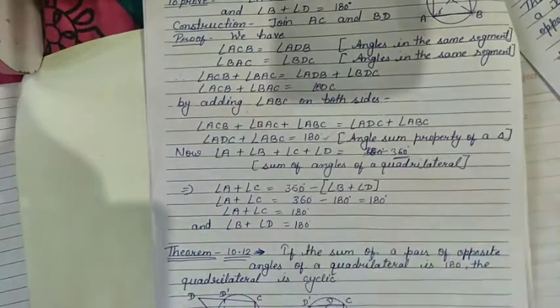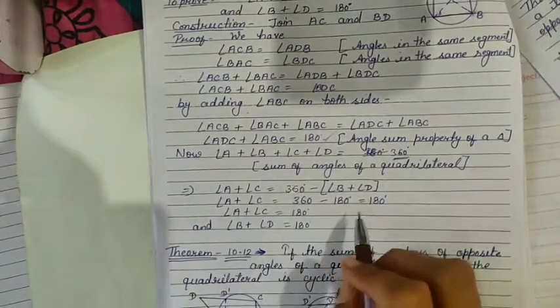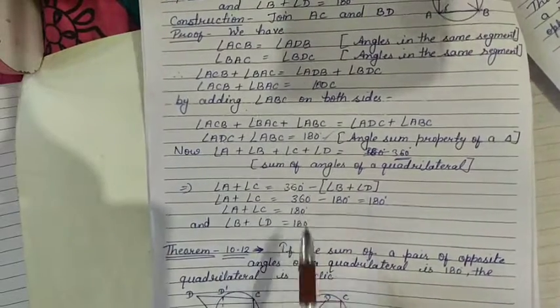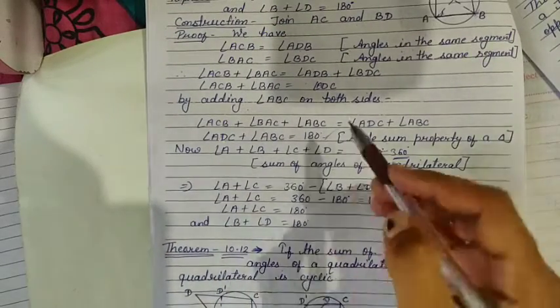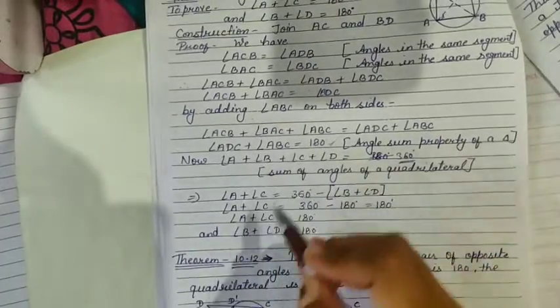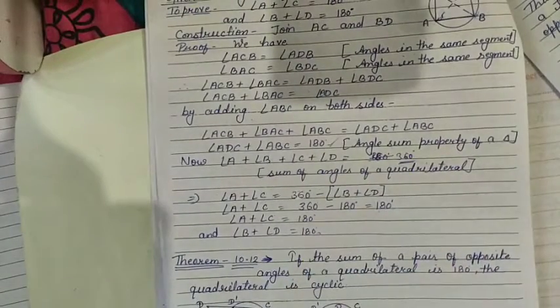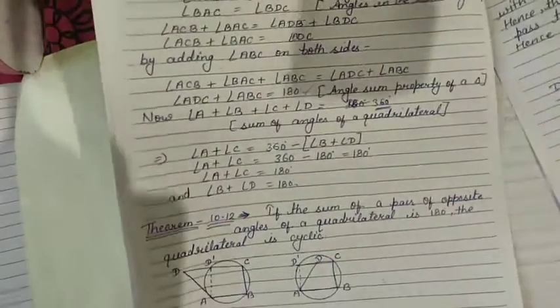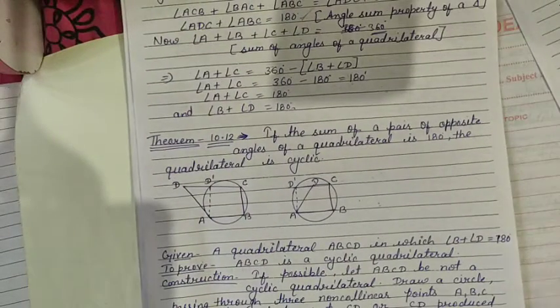We proved it. So angle A plus angle C equals 180 degrees, and angle B plus angle D is also equal to 180 degrees. So the sum of opposite angles of a cyclic quadrilateral is 180 degrees.